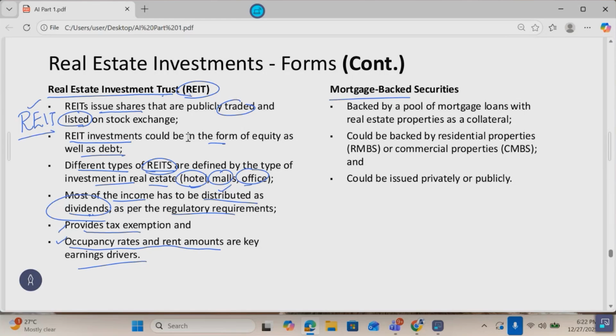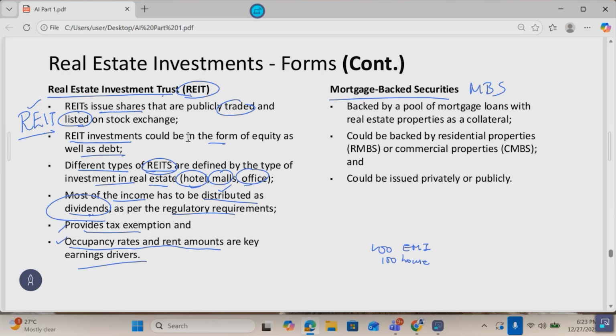Now, mortgage-backed securities, we saw in the earlier slide, MBS, as I call it, where securities are issued based on the backing of mortgages. So here, let's say I have 100 EMIs, 100 homes, right? These 100 EMIs are backed by 100 houses.